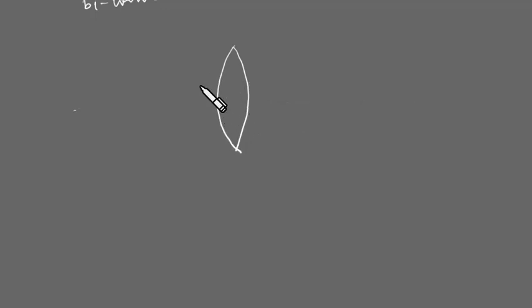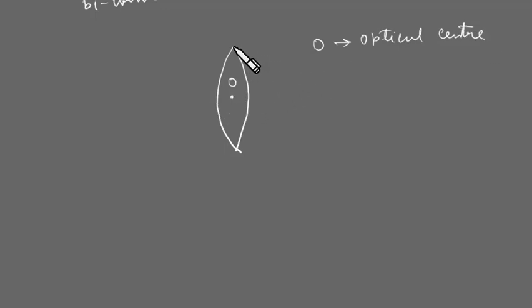Now, exactly the midpoint of the lens, let's say this point is O. This midpoint is called the optical center of the lens.